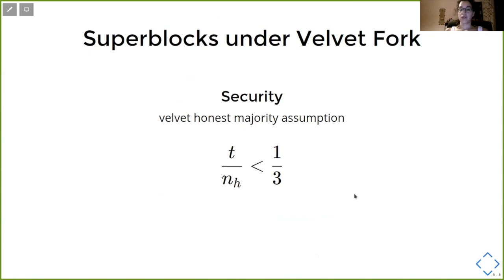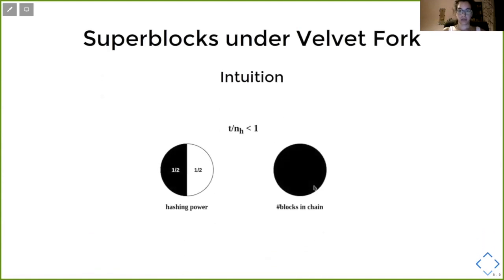Now, because of this combined attack, we have proved that the security assumption we have to make here is that the adversarial hashing power needs to be less than 1/3 of the hashing power of the upgraded honest miners. And I want to reason about this result a bit, just a high-level intuition.